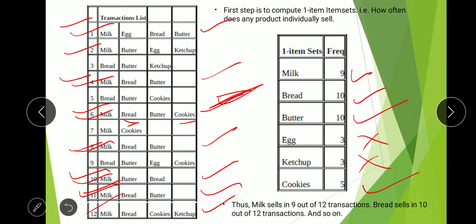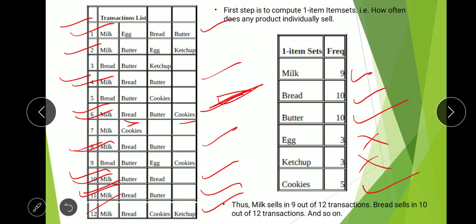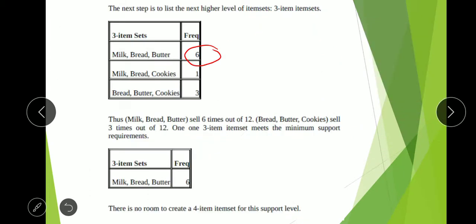Milk, bread and cookies, 2 occurrences we have. I think they have misplaced, it is 2, okay. Milk, bread and cookies, 2. Yeah, there are 2. I think they have given it wrong. Make it 2, it is 2, not 1. Then bread, butter, cookies, there are 3.